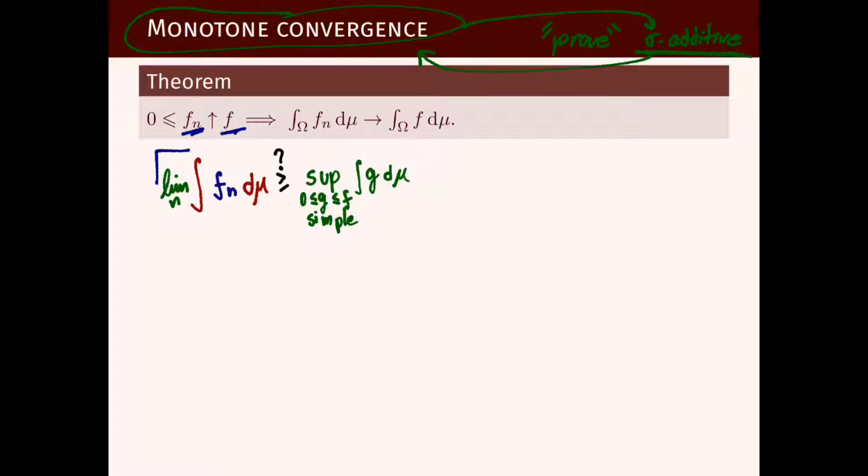And now how can we compare this limit of integrals with the supremum? Well, if we can prove that this is larger than the supremum minus epsilon, or instead of doing minus epsilon, let's do something else.